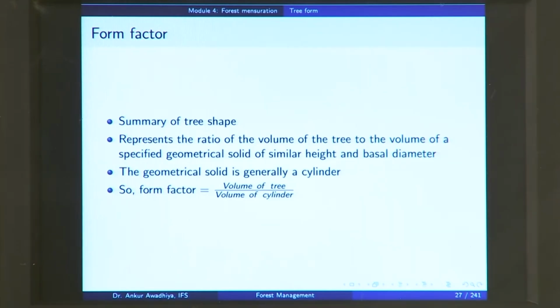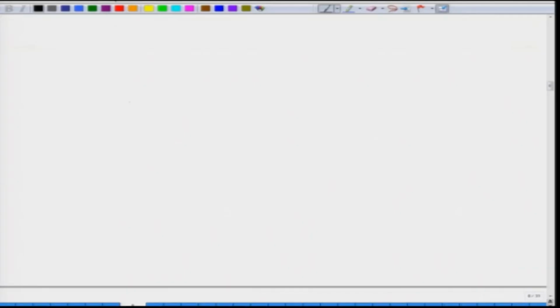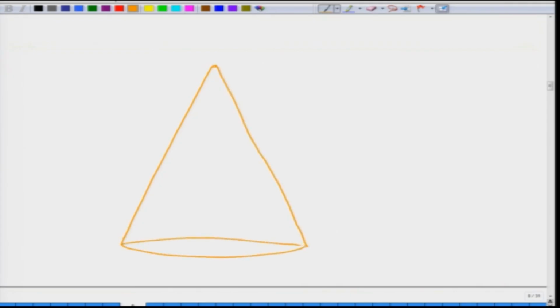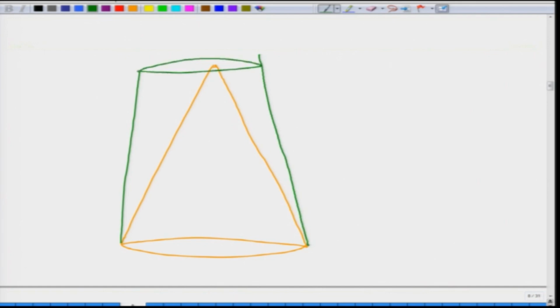So, what we are saying here is that suppose you consider a tree which is a tapered tree, and then you consider another tree which has a much lesser taper, and both these trees are of the same height.